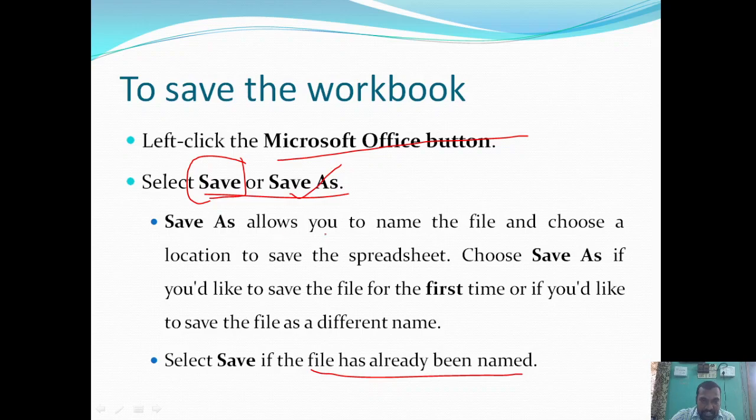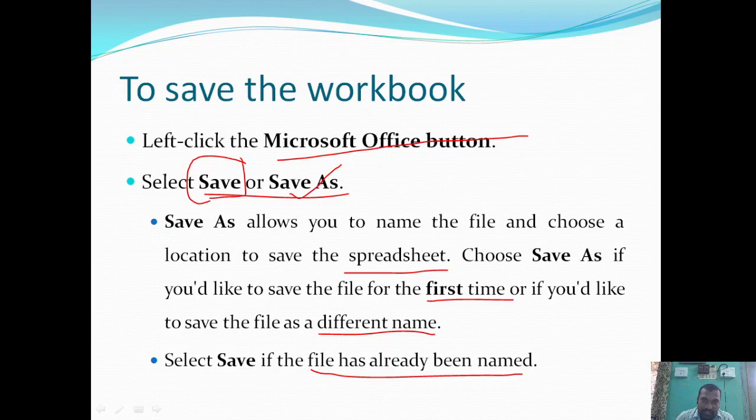Save As allows you to name the file and choose a location to save the spreadsheet. Choose Save As if you would like to save the file for the first time, or if you would like to save the file with a different name. Choose Save As in two cases. One is if you want to save an already saved file with a different name.